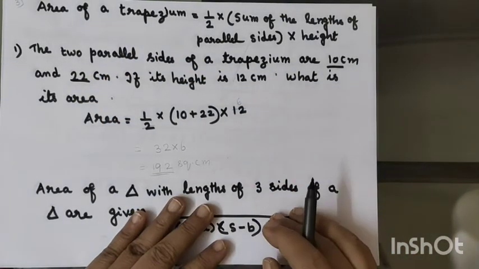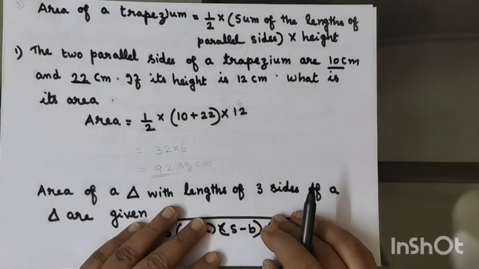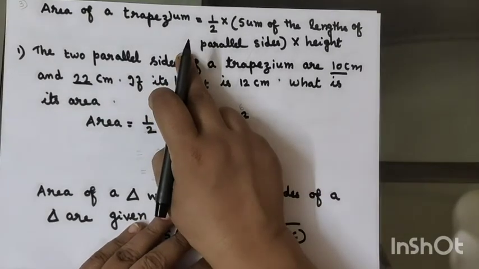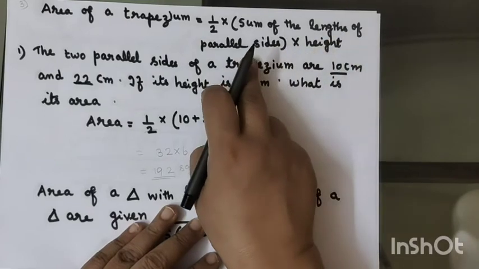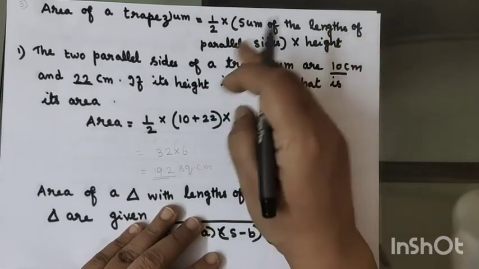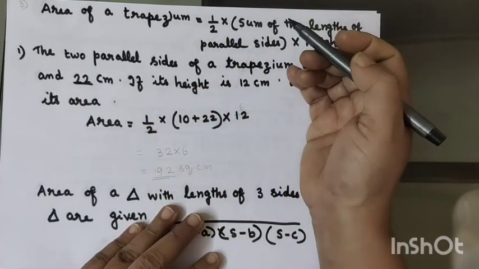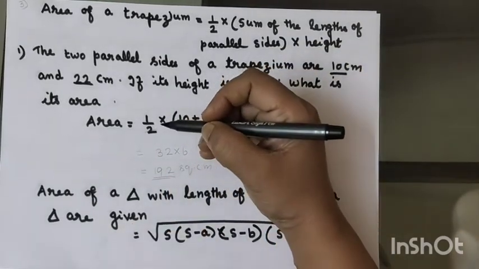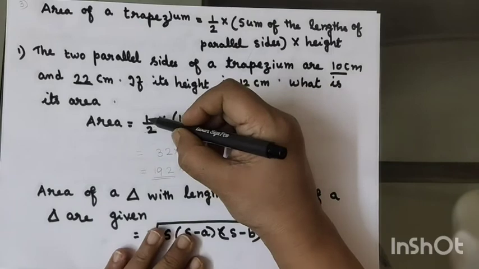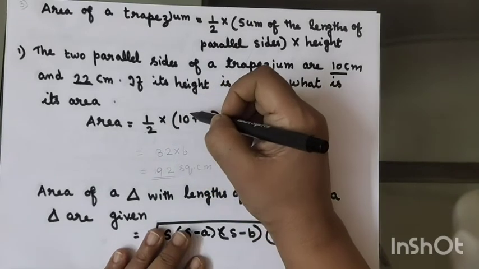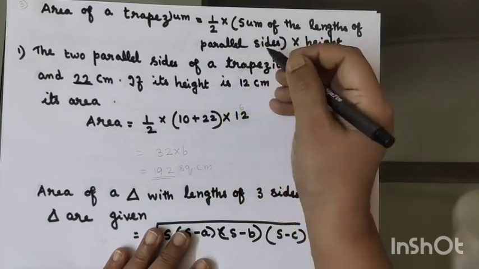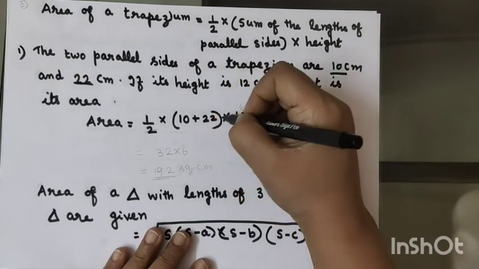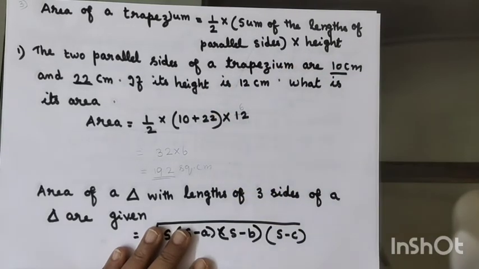So when you write the formula, you can write area of a trapezium half into sum of the length of parallel sides into height. So area is equal to, now we will substitute the values.